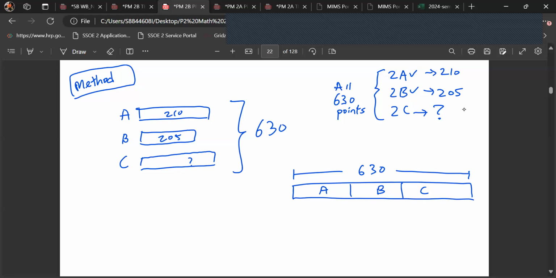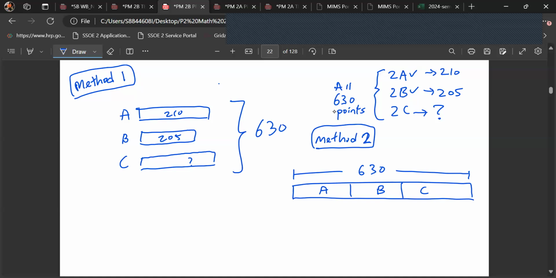And here, there's method 2. I can draw it in either method 1 or method 2 ways to draw the model.